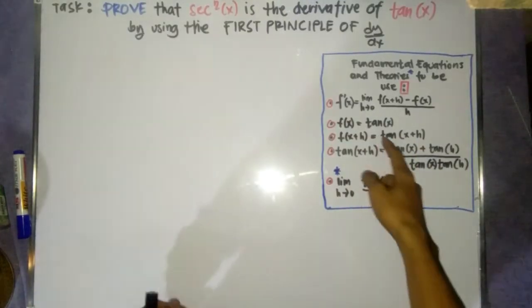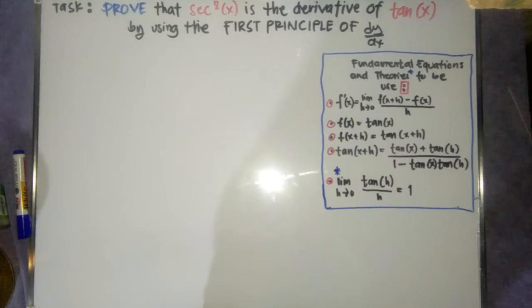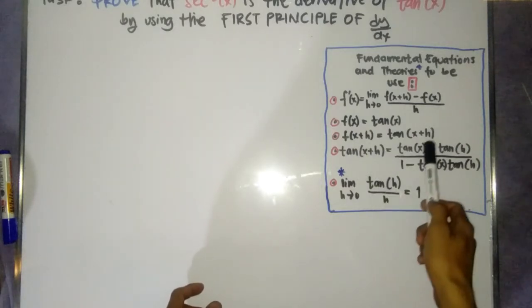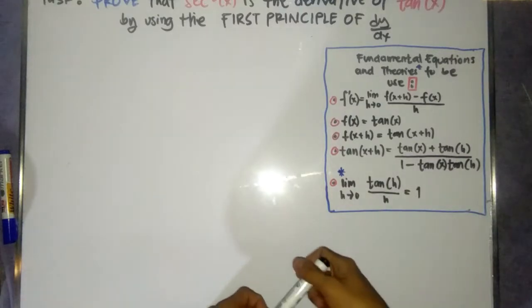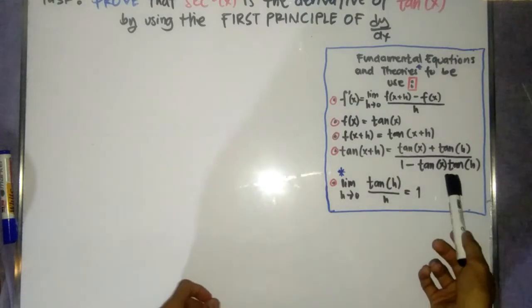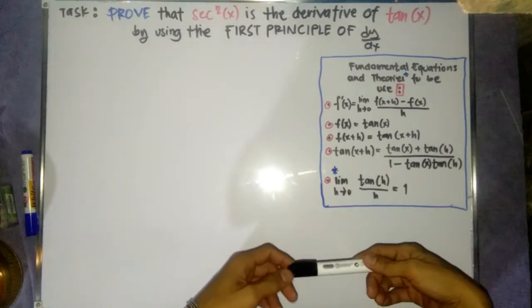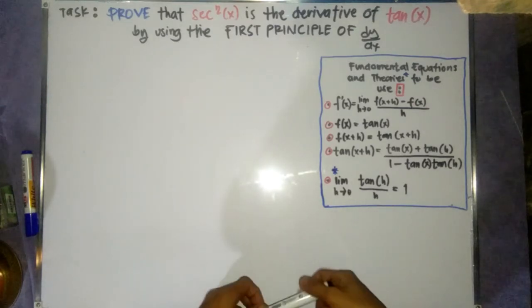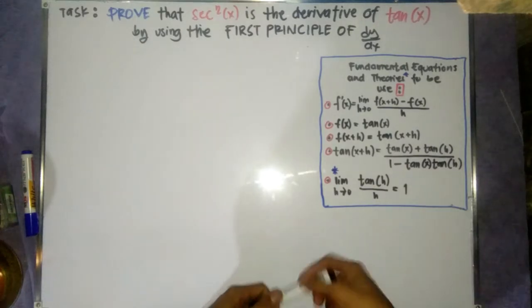Next, f of x is equal to tangent x, and f of x plus h is equal to tangent of x plus h. Here is the sum of two angles ng tangent. This is tangent x plus tangent h all over the quantity 1 minus tangent x times tangent h. Yung limit theory natin na gagamitin dito ay the limit as h approaches 0 of tangent h all over h is equal to 1. So let's start.